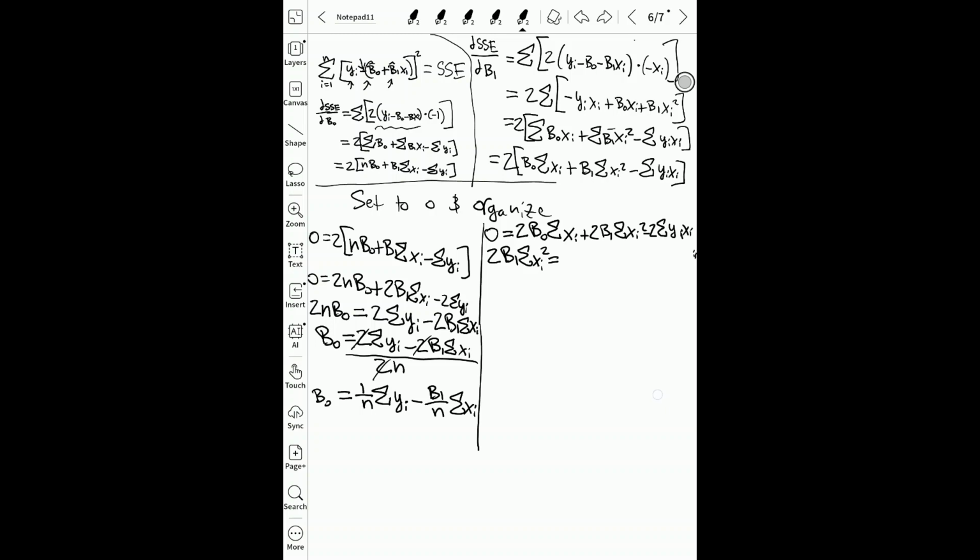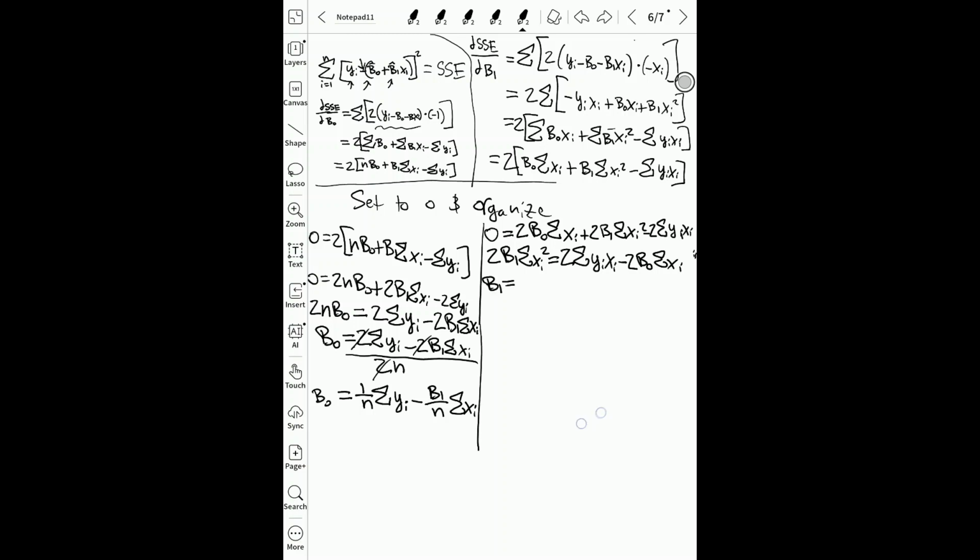and again, the signs that I had before are going to be reversed now, right? So I like to write my positives first. So this is 2 sum of yi xi, and that's going to be subtracted by 2 beta naught sum of xi. I'm going to take the coefficients related to that beta 1, and I'm going to divide them.